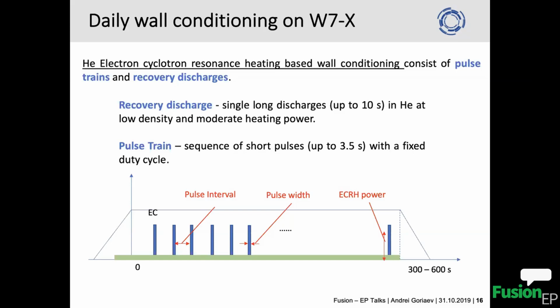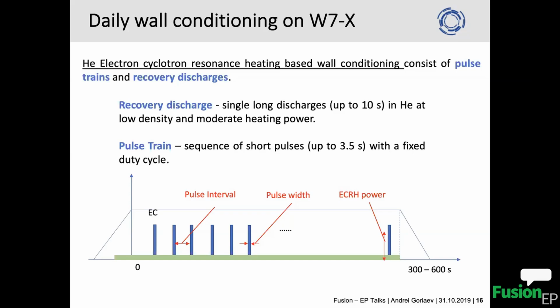So there are no changes in magnetic field configuration, because the magnetic field configuration is usually set at the beginning of the day. So you have one magnetic field configuration and you don't change it during the day.